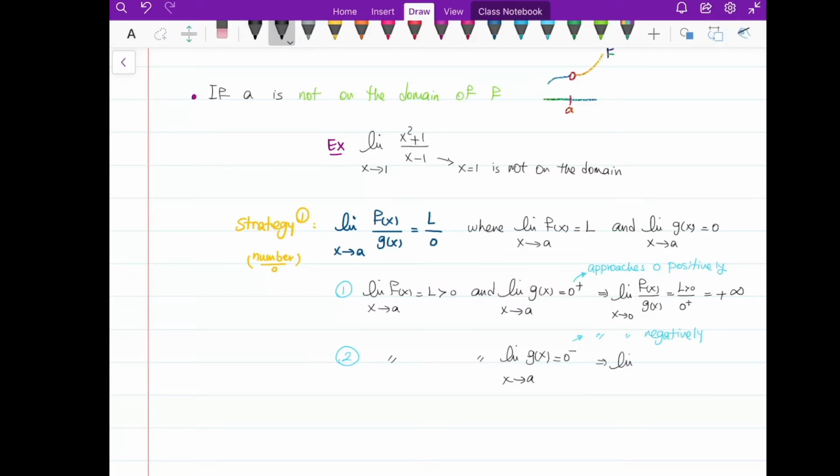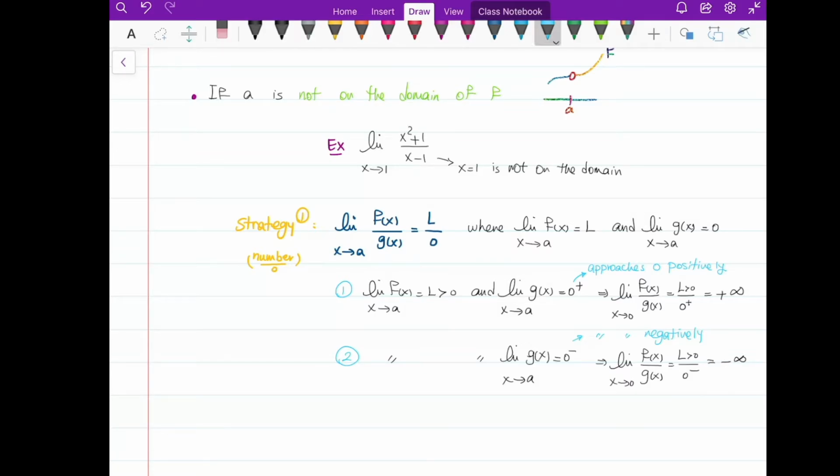Then we get the limit of f of x over g of x as x goes to 0 as L positive and 0 negative, which means that we're getting closer to 0, but from some numbers that are less than 0. So positive number in here, negative number in here, together I get negative infinity.